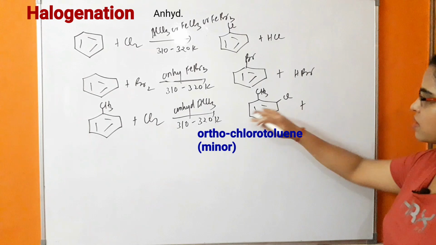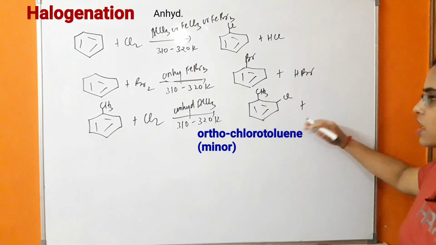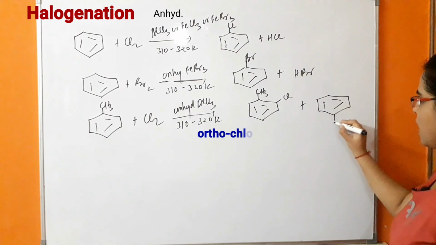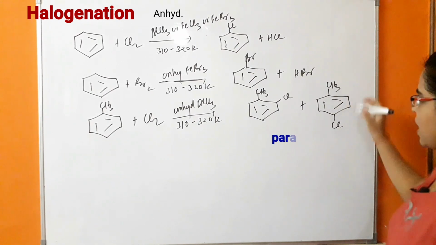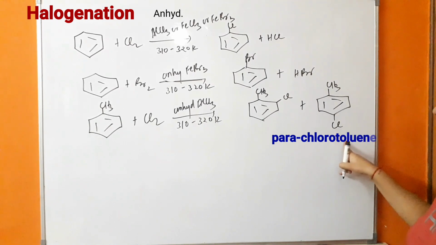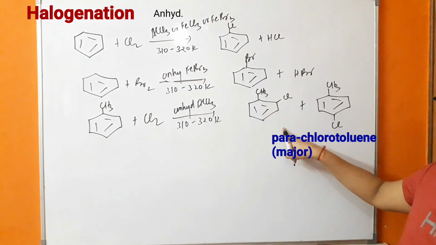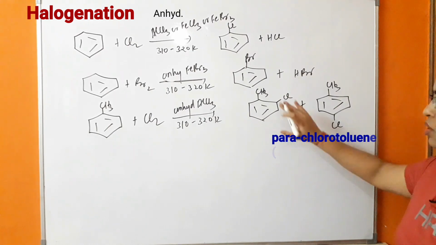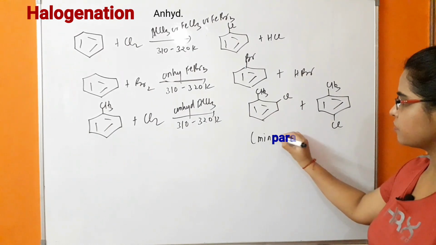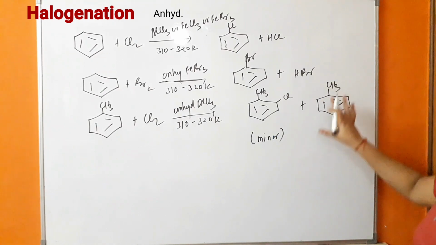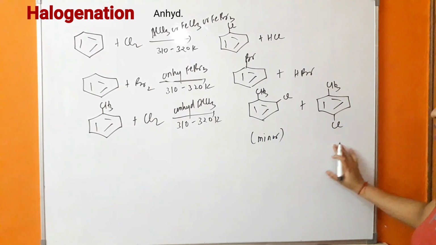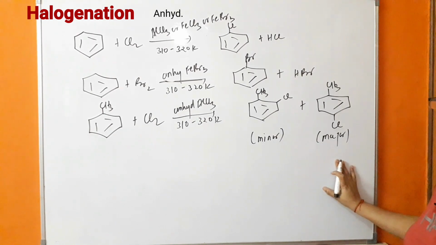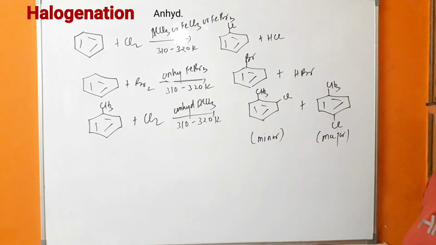It means in this case a mixture of products is obtained: one is orthochlorotoluene and the other is parachlorotoluene. The stability of orthochlorotoluene is less, so this is the minor product, whereas the stability of parachlorotoluene is more, so it is the major product obtained in the reaction mixture.